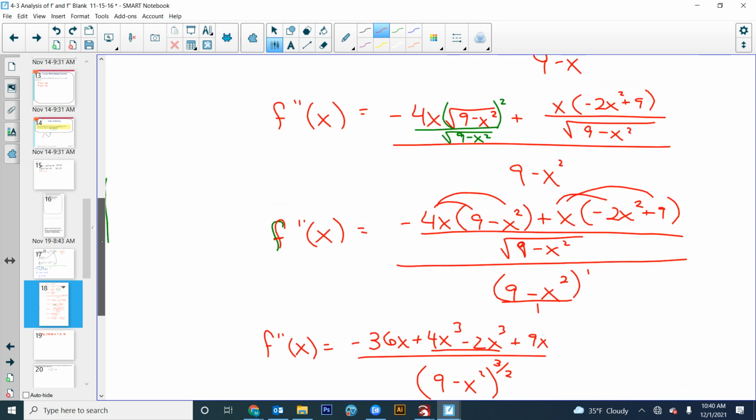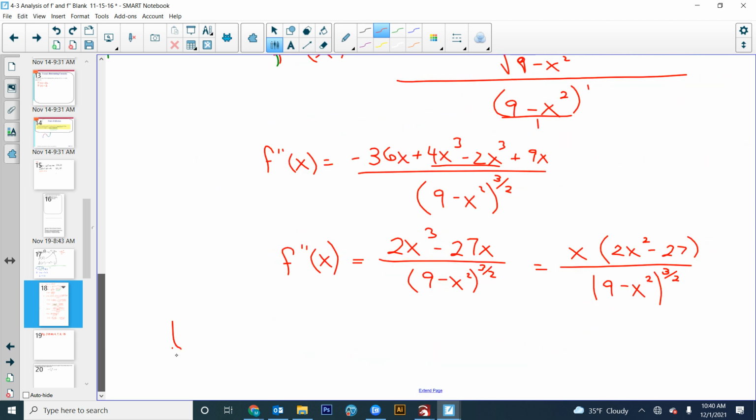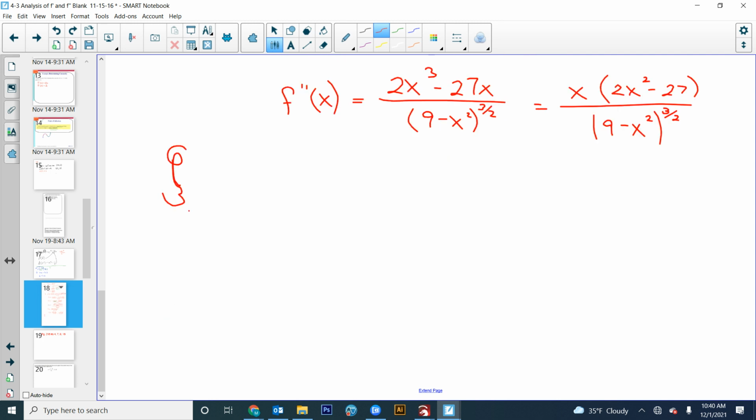What's step 3? Set it equal to 0, right? Step 3. I don't know where I was going there. All right. Everything's falling apart. X equals 0. It's called a possible point of inflection.